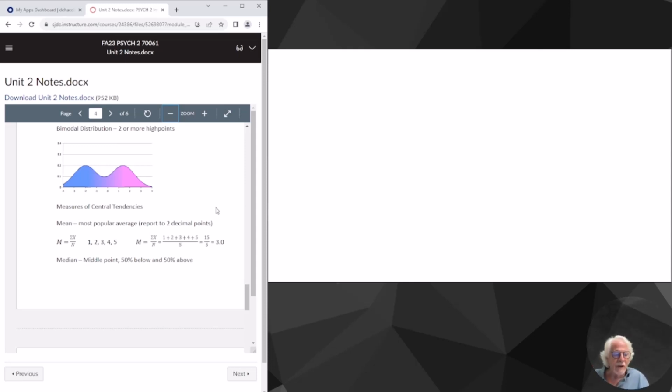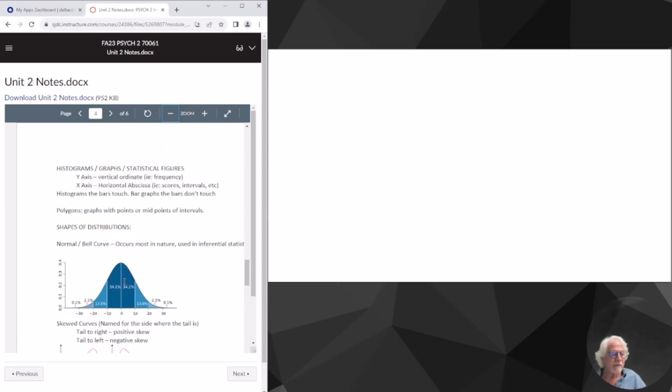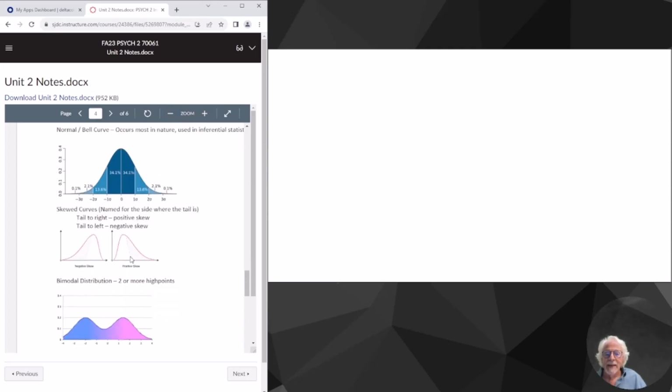The next thing we're going to talk about is the median. And the median is the middle score. It doesn't matter what it is, the median is the middle score. Like I said, in this perfect square, the median is right here. This is the middle. It's exactly the same on this side as that side. Here, it's a little bit different because of the skew.